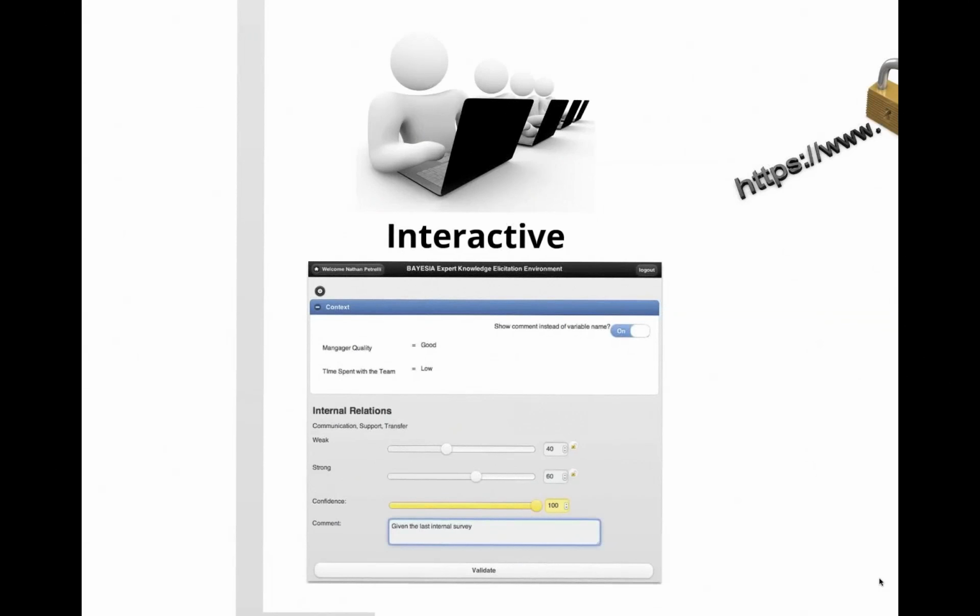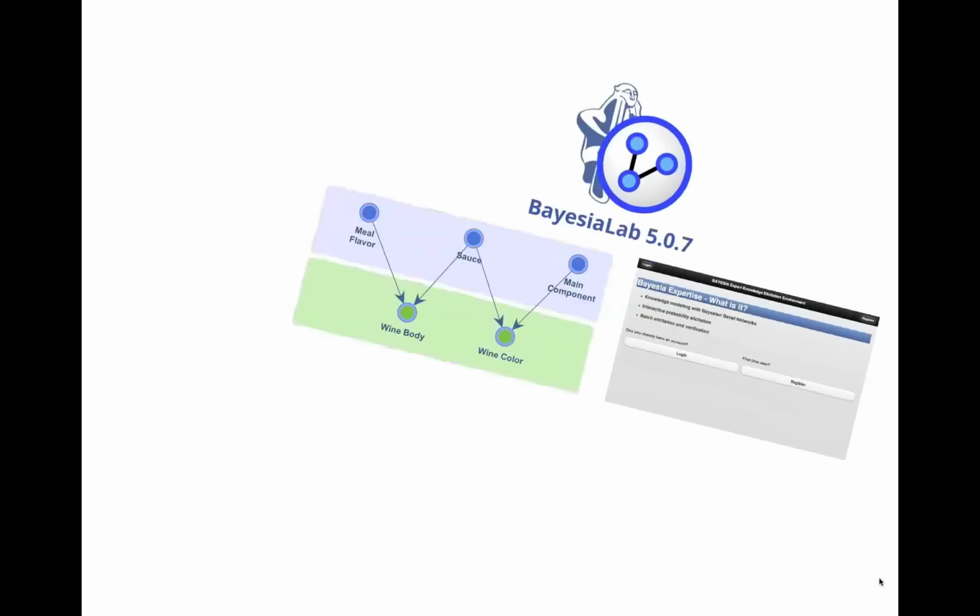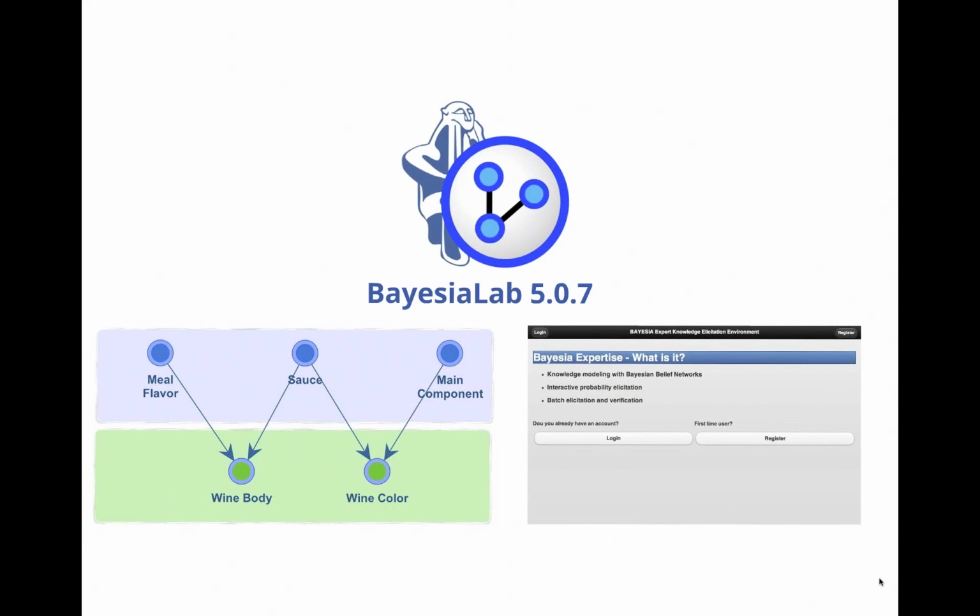And if we have some time, we will also see how it works. But let's start, as we said, with BayesiaLab 507, the very last release. We will use this very small, oversimplified example, and I will also show you the full one. We will use the Bayesia expert knowledge elicitation environment.